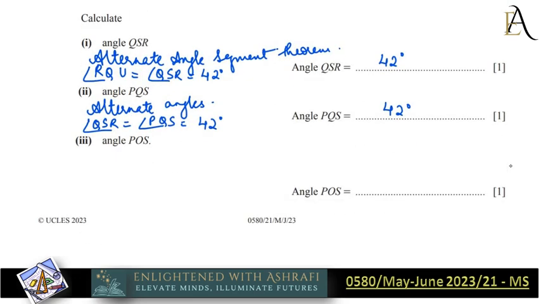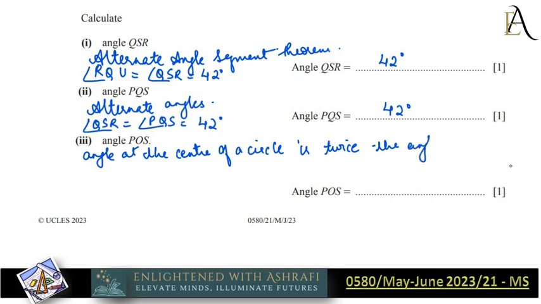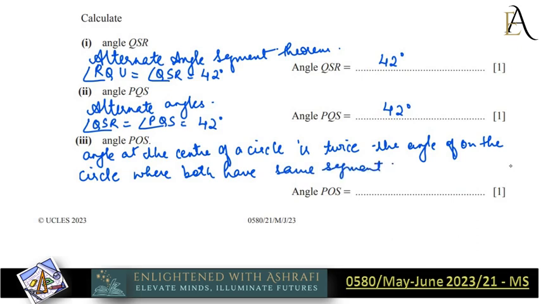So using that property, the angle at the center of a circle is twice the angle on the circle where both have the same segment.